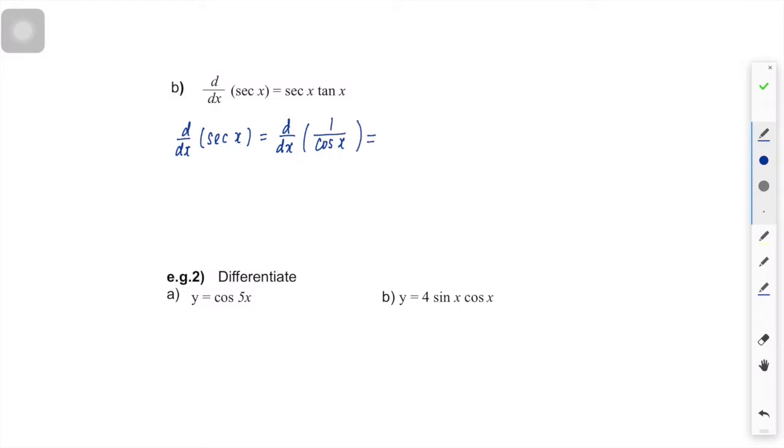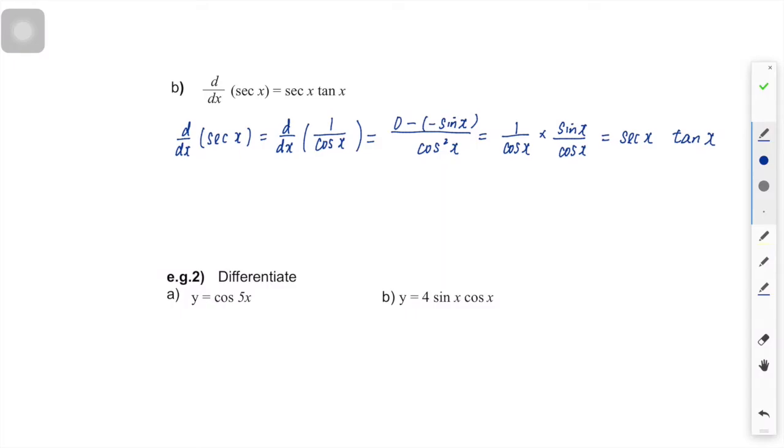We can use quotient rule again. 1 has a derivative of 0, so the first term is 0 minus 1 times the derivative of cosine, which is negative sine x, over the square of cos x. The top part is sine x. I will actually separate the cos square in the denominator as 1 over cosine x multiplied by sine x over cos x, which gives us secant x times tangent of x.